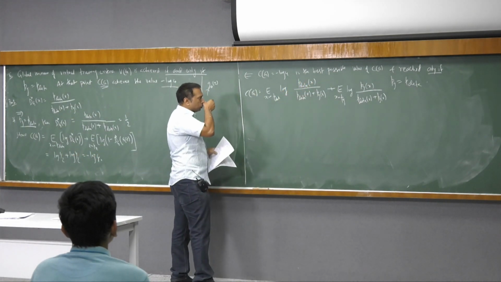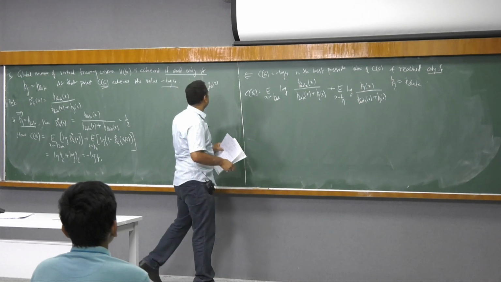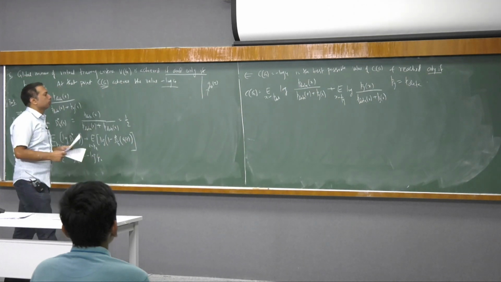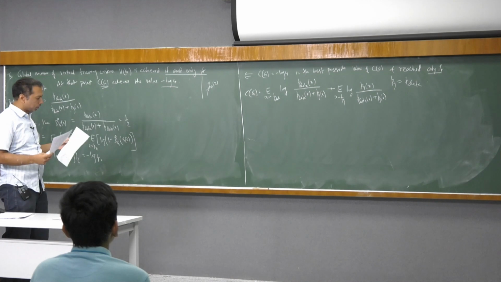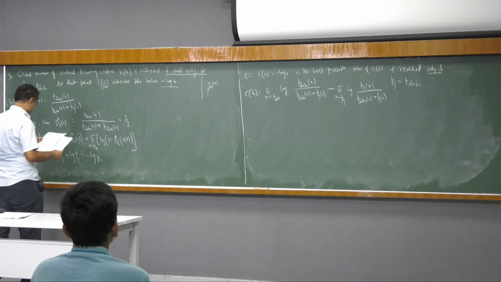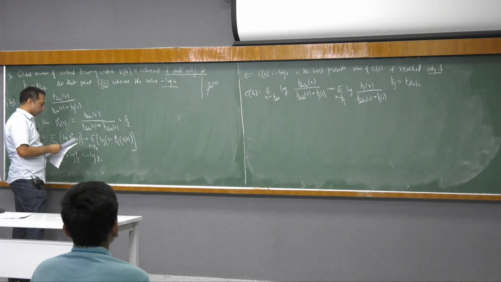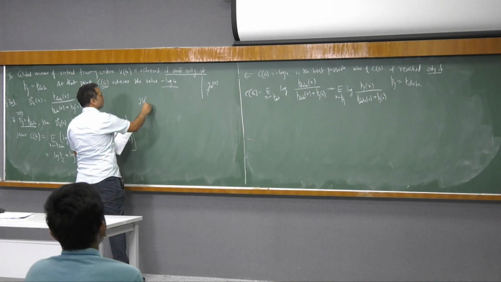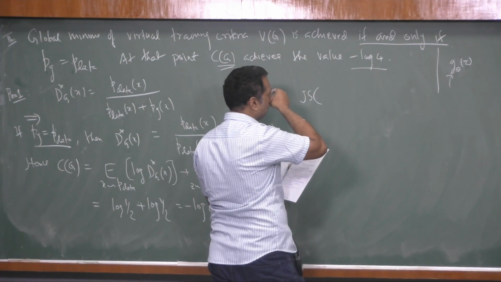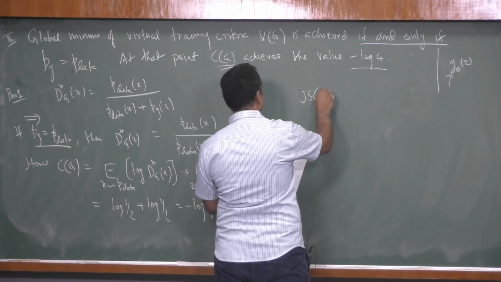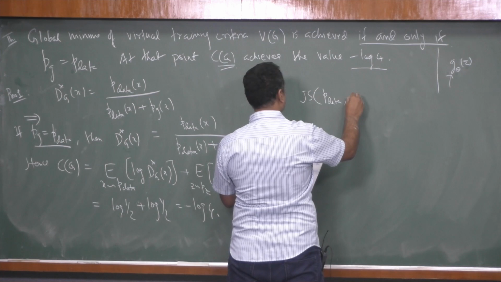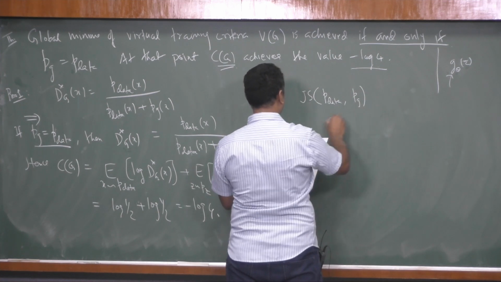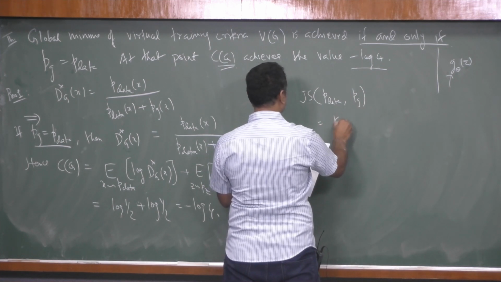So to do that, in the Jensen-Shannon divergence, JS divergence, I will write down that first so that you can preempt what that divergence might be. In this notation we have JS of P data and PG, and this is actually defined via KL.